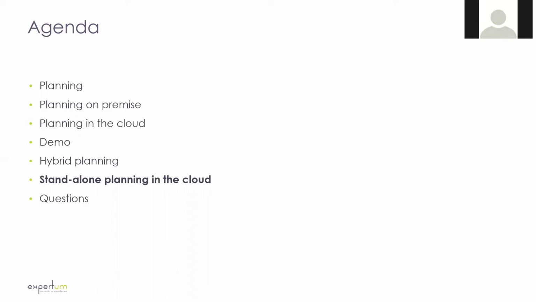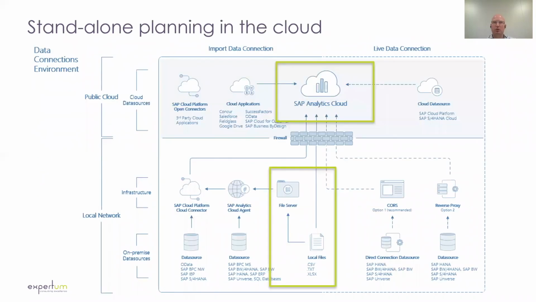I would say write it down, and then I will have to investigate, because from the top of my head, I would say that SAC is made to be plugged into either BW or... let's hold on. Let's see. So SAC goes into on-premise data sources, BPC NetWeaver, IBP, S4HANA, via Cloud Agent into ERP.